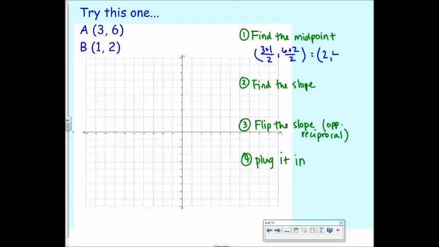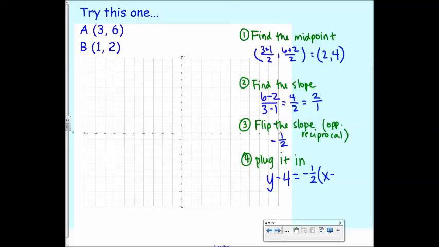The next thing I want to do is find the slope. 6 minus 2 over 3 minus 1 gives me 4 over 2, which equals 2 over 1. Flip and negate the slope, so it's going to be negative 1/2 for my new slope, and then plug that in. So my formula ends up being y minus 4 equals negative 1/2 times x minus 2.